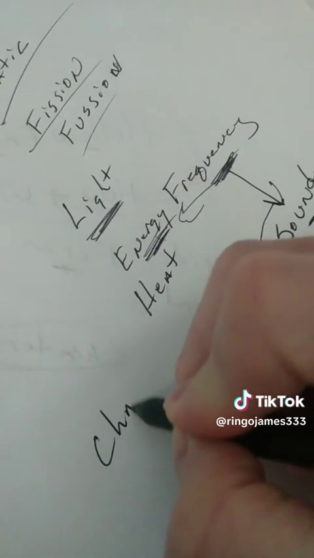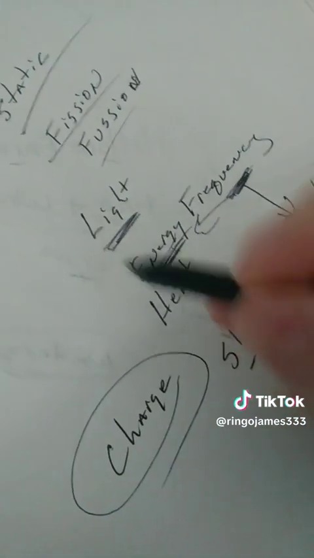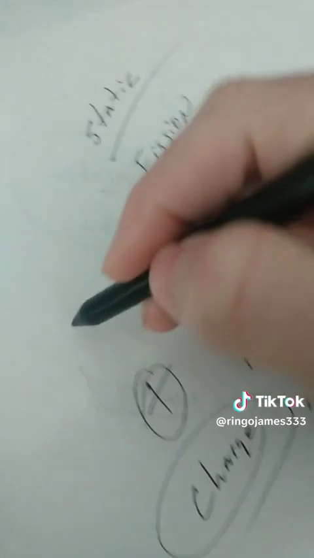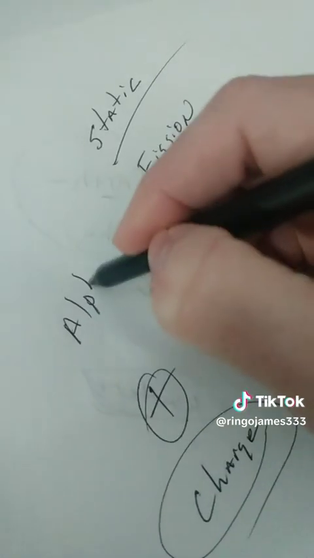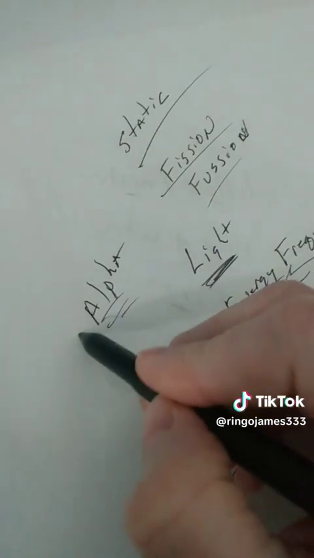There was a charge created, which was energy, positive energy of the alpha energy. And after all that, alpha became waves, and from the alpha became beta, gamma, so on and so forth.